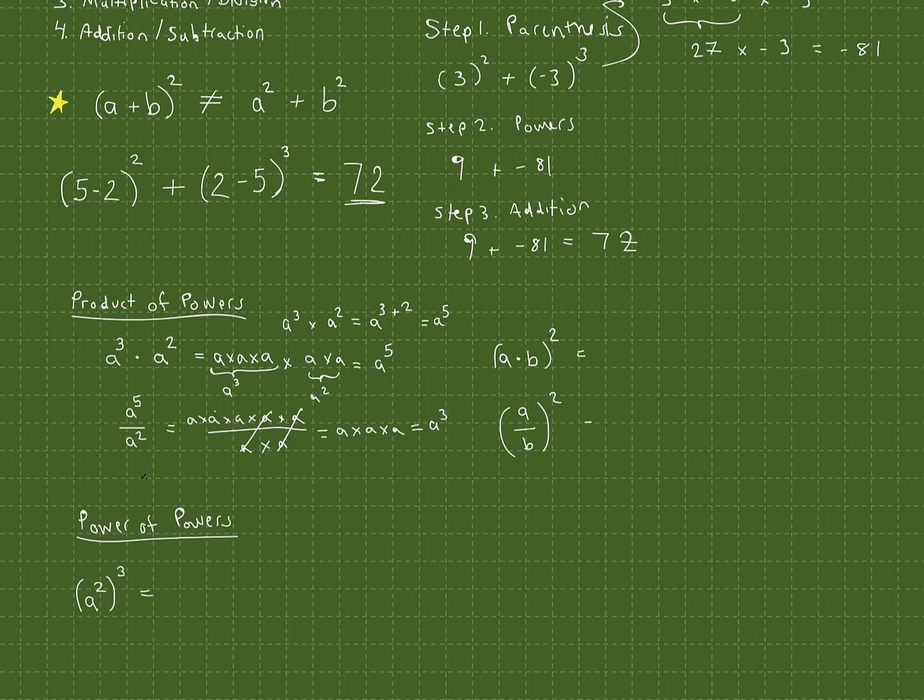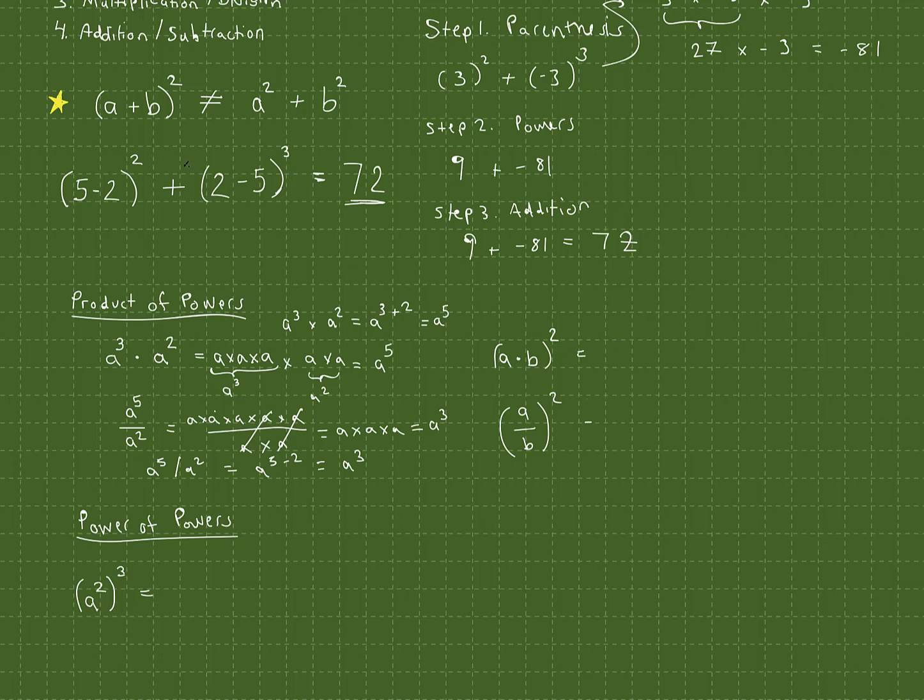More generally, a to the fifth power divided by a squared gives us a to the fifth minus 2, which gives us a to the third, or a cubed. So when you are dividing two numbers that have the same base but different exponents, you subtract the exponents.